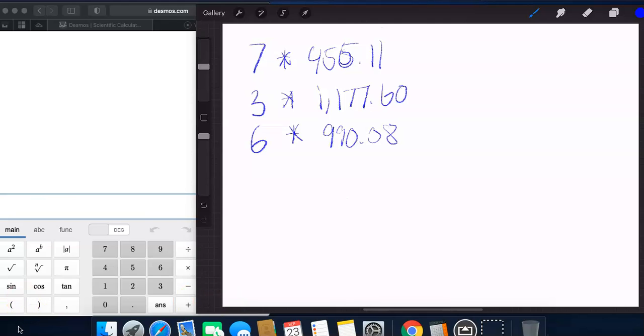Going on for 9 days, we're sitting at $2,115.15. And then for 5 days, notice we're sitting at $2,309.13. And this is the money that she owes.